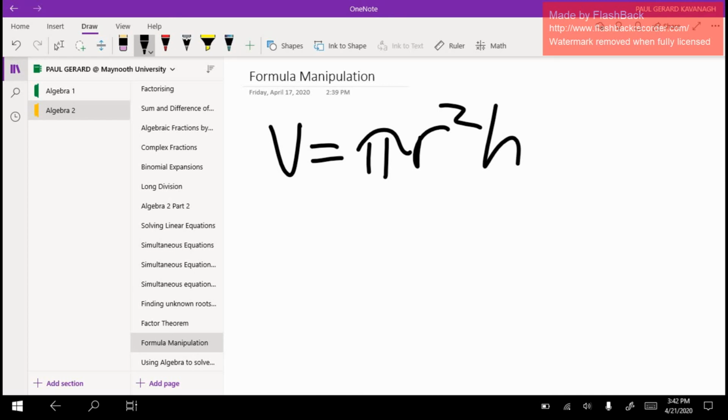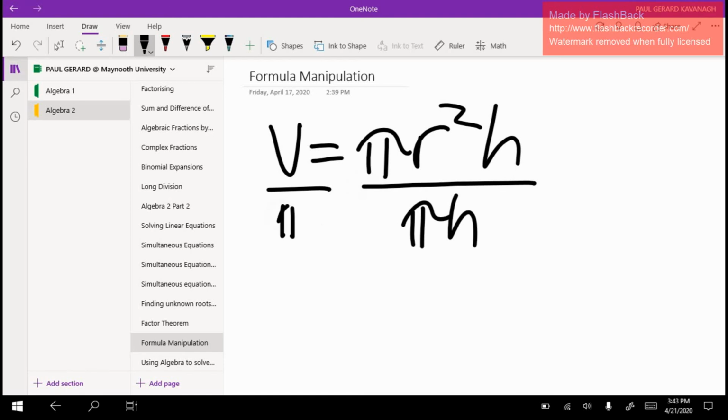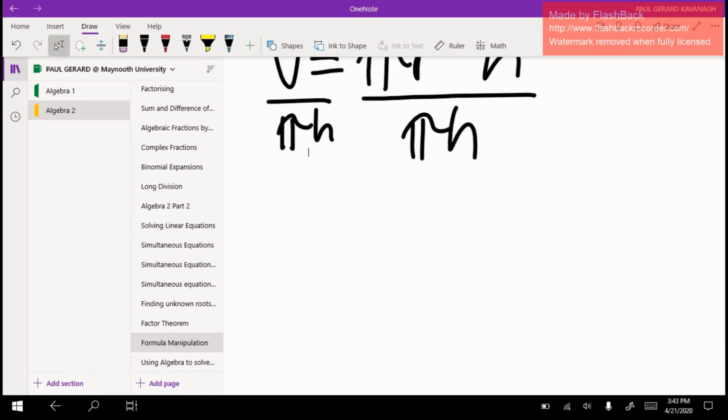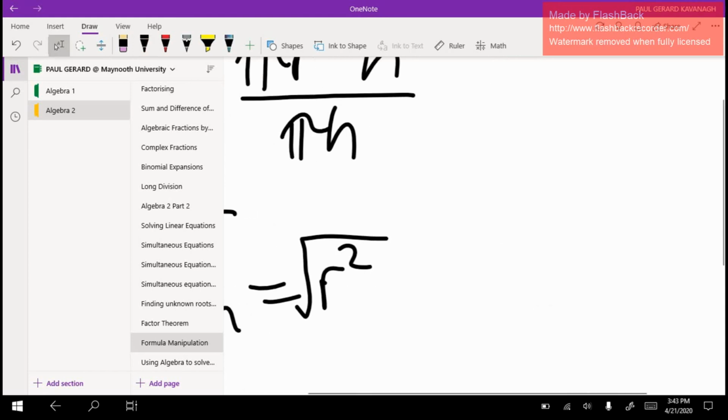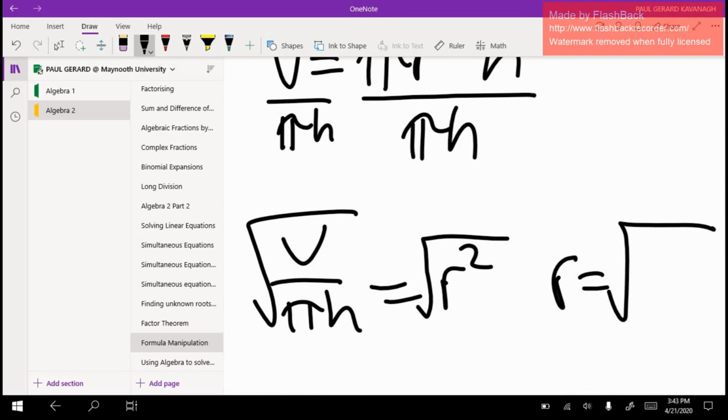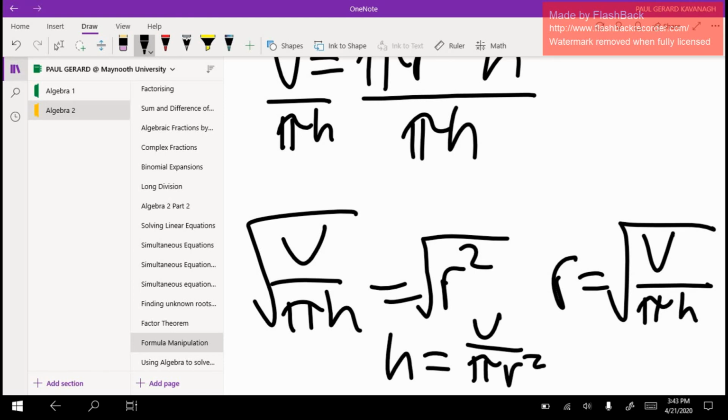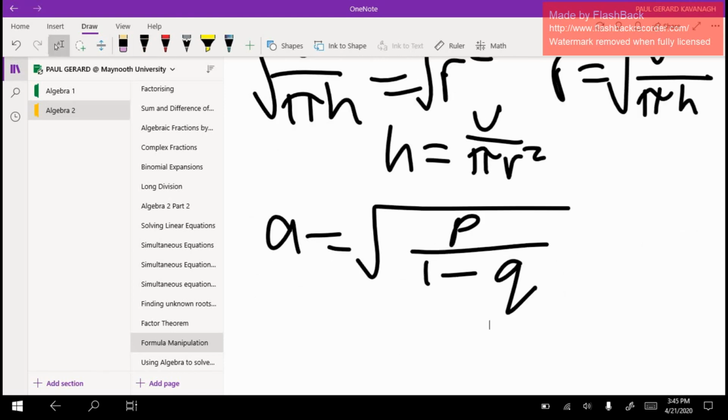We would divide both sides by pi h, so that V over pi h is equal to r squared. We want the squared gone, so we square root each side. So we have r equal to root V over pi h. If you wanted h on its own, you'd divide by pi r squared, and you don't need the square root, so h is equal to V over pi r squared, and that's basically formula manipulation.